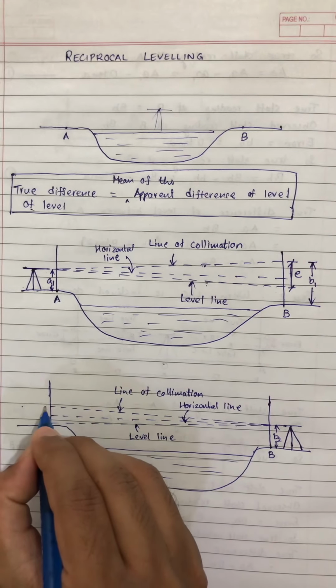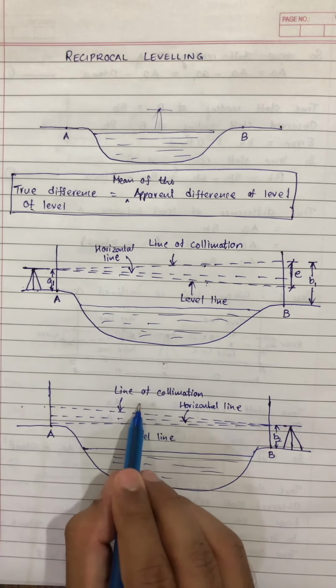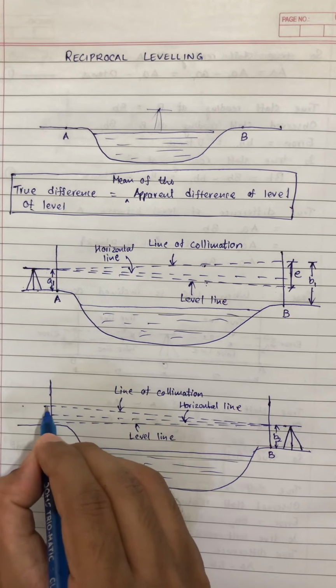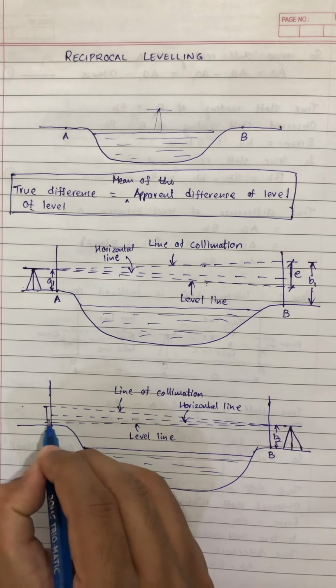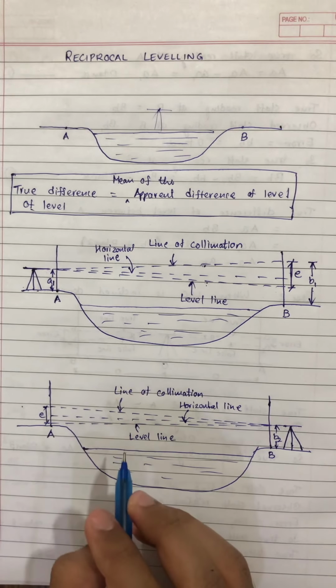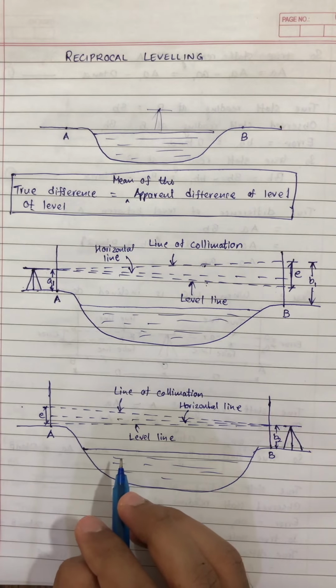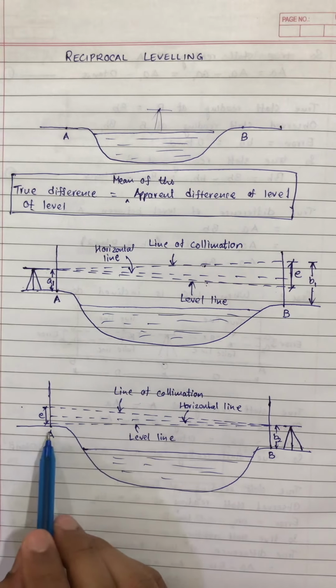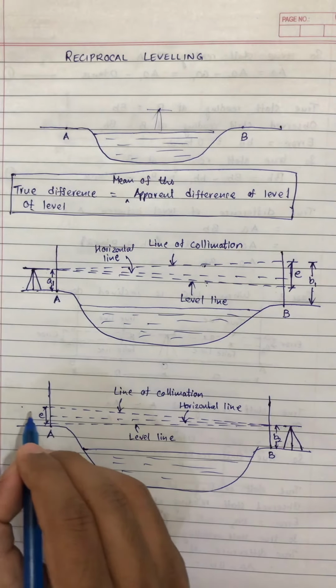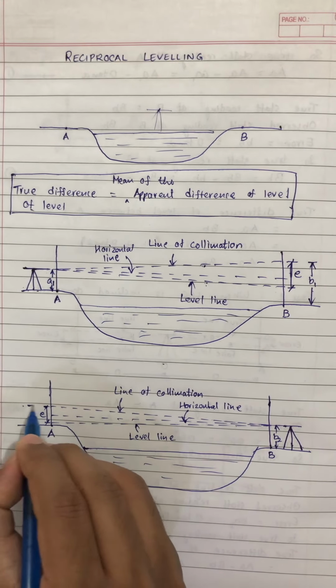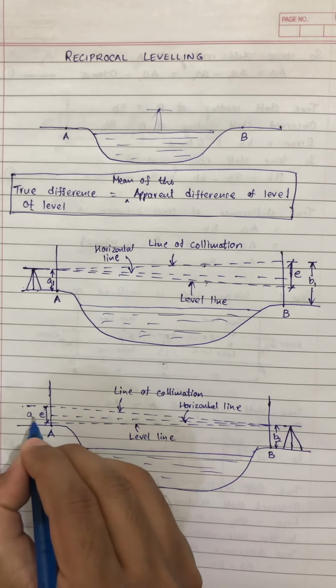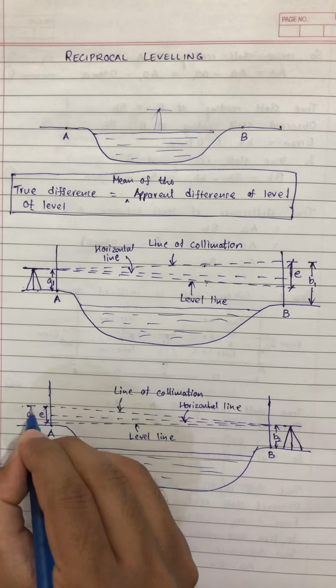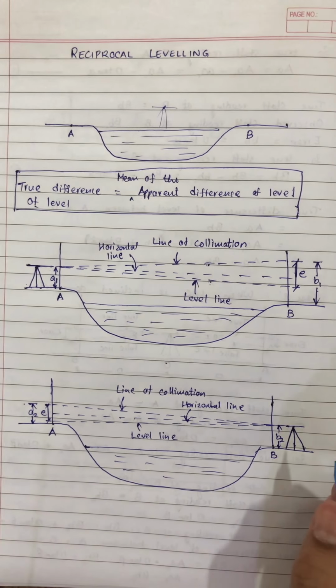So the error will be the difference between line of collimation and the level line. This difference is actually the error E, and the actual reading that you get at the leveling staff at point A will be matching with the line of collimation. Let us call this as A2. Okay, so this distance is A2.